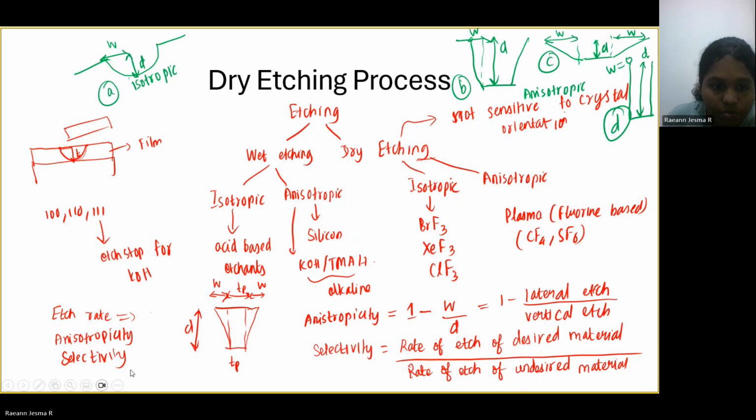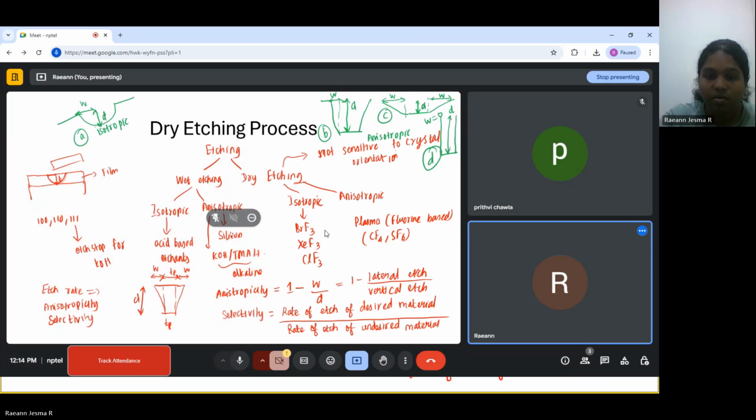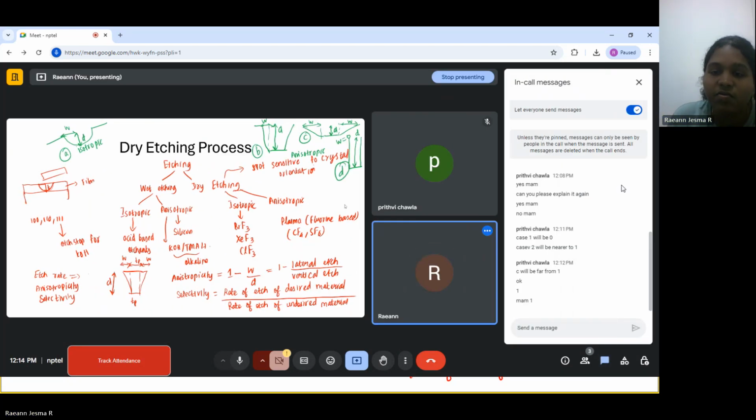Which value is desired when we are doing etching? Our numerator should be greater, right? This will hold not only for one case, I will explain two cases now.